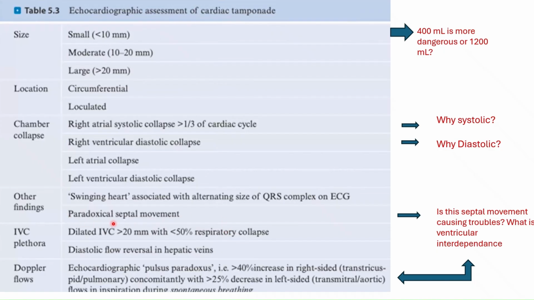And another important feature I wanted to mention is paradoxical septal movement. Imagine you have pericardial effusion and you are taking a breath, and we know that during inspiration we are increasing our preload, so we should fill up our ventricle, but the effusion provides hydraulic pressure on your right ventricle, so it prevents the filling, right?